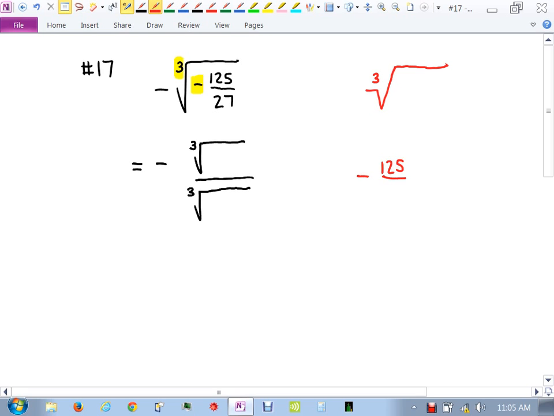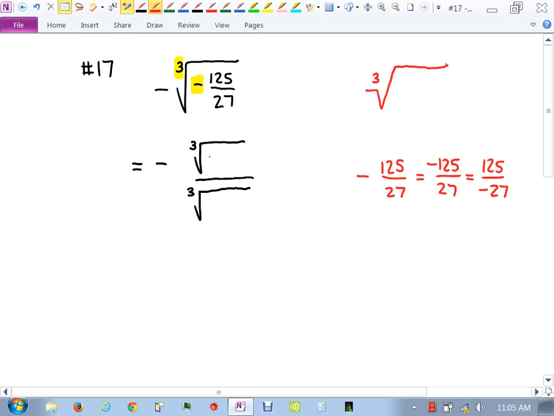If I have negative 125 over 27, I can write that as negative 125 over 27, or I could write it as 125 over negative 27. In other words, when you have a negative in front of a fraction, the negative can go on top or on the bottom, but it cannot go on both the top and the bottom at the same time. So I get to make a choice here of where I want to put that negative.